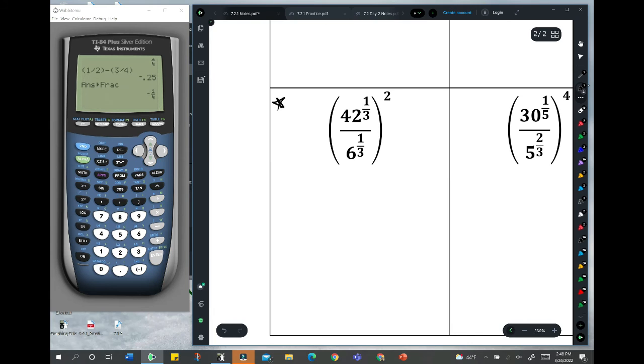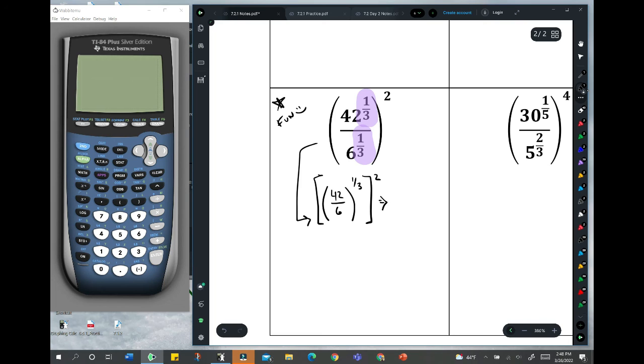This one has a fun trick. If you notice that your exponents are the same, what you can imagine is happening here is we are taking 42 over 6, and we can almost undistribute to 1/3. We would still have the 2 outside.